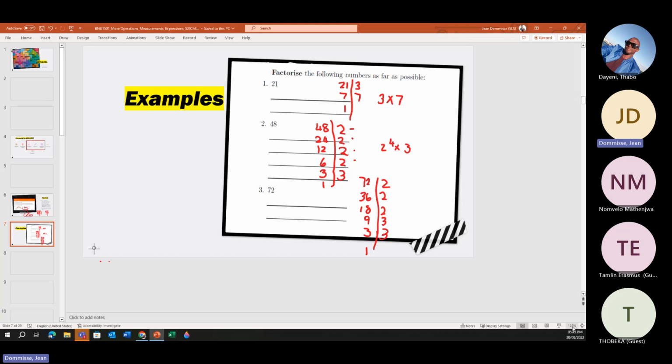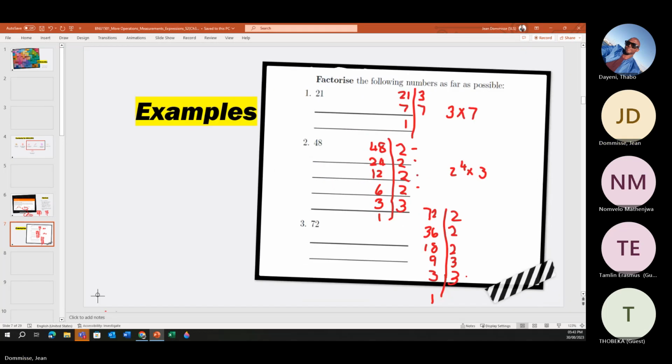I will make this bigger again. So basically, now we sit with 2 to the power of 3 times 3 to the power of 2. Okay, so that is how we will factorize the numbers.